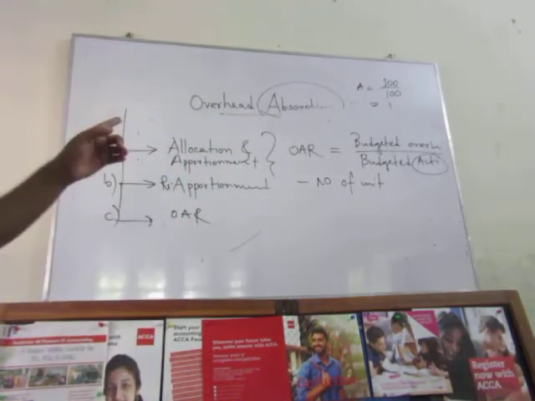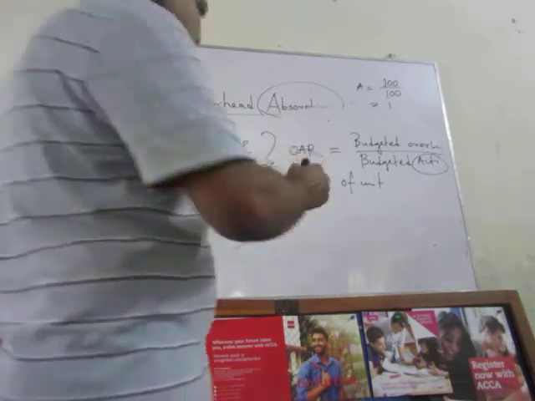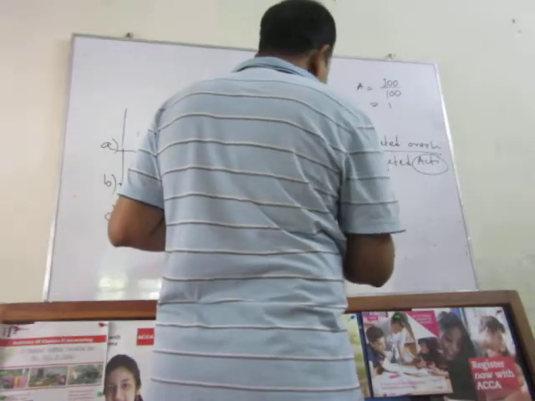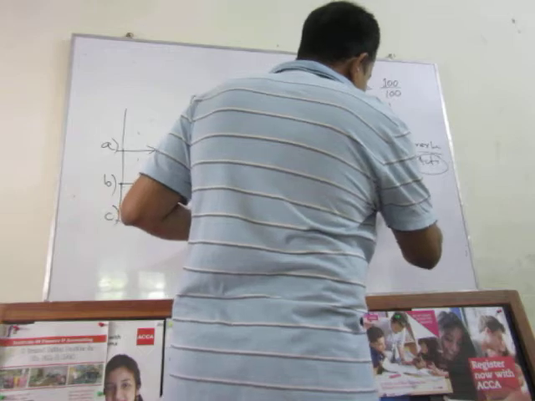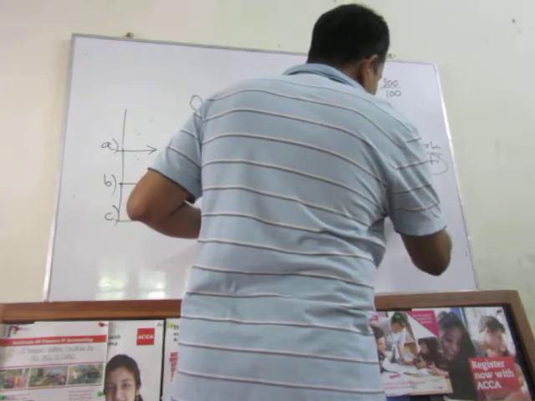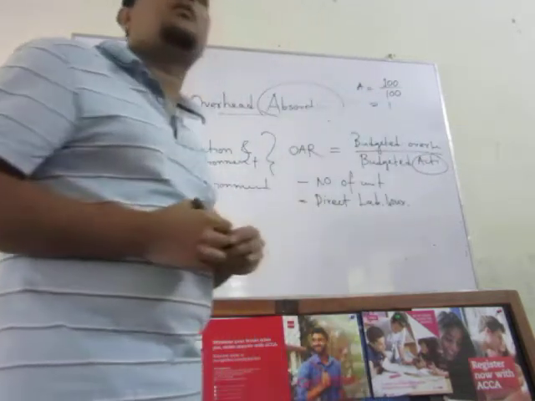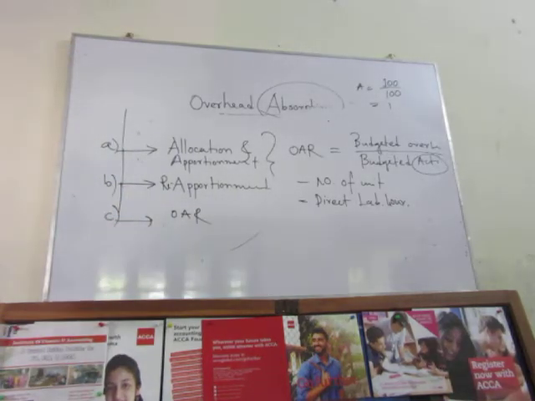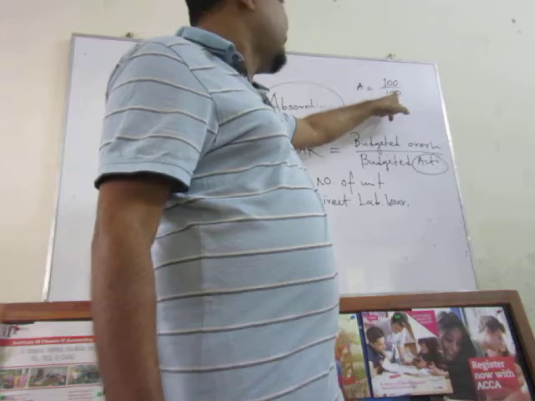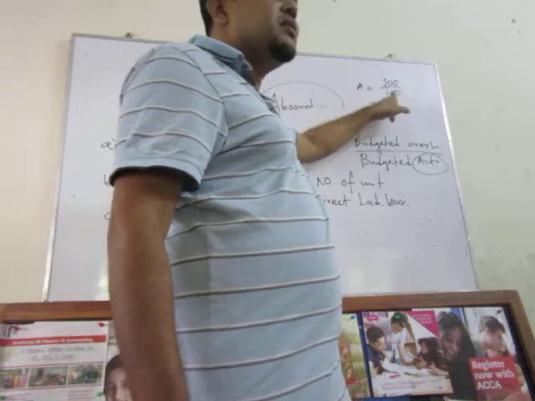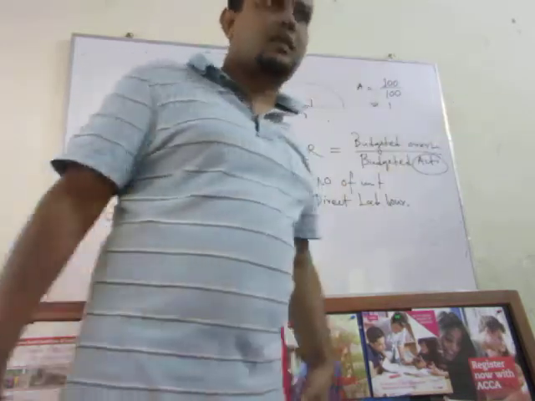Meaning ta bocha geche. Then it may be direct labor hour. Suppose total cost 100 and total এখানে সেক্ষেত্রে এই 100টা হচ্ছে total direct labor hour.